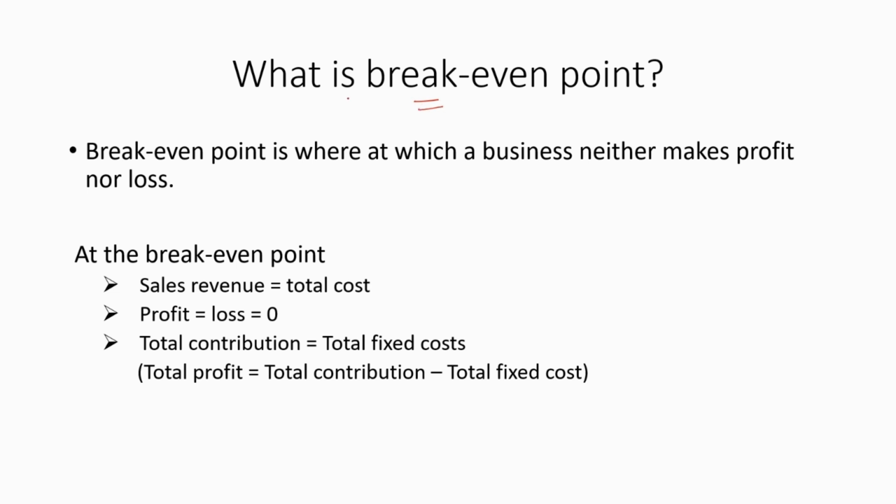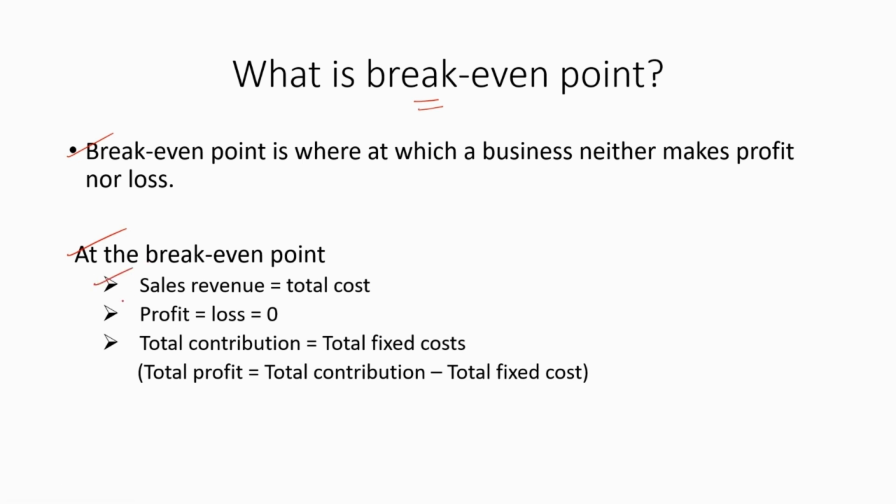What is break-even point? Break-even point is the point at which a business neither makes profit nor loss. Simply, this means this is the point at which profit and loss is equal to zero. At this break-even point, we can recognize these characteristics.